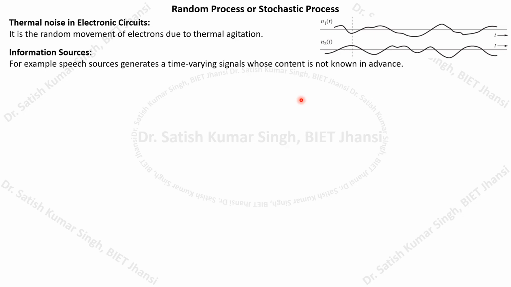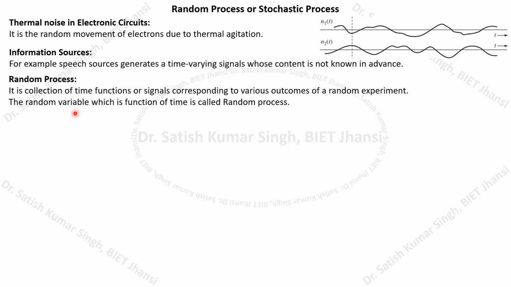Now we have to think about what a random process is and how it is different from random variables. The random process is defined as a collection of time functions or signals corresponding to various outcomes of a random experiment.